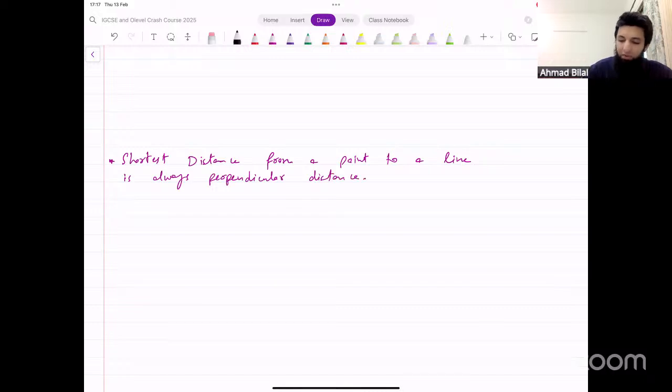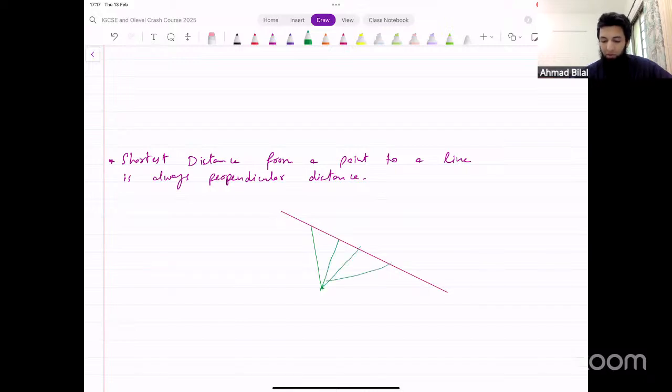Okay, now what do I mean by that? Let's say you have a line that looks like this, and there is some point somewhere, let's say this point. What's the shortest distance from this point to this line? Now, you could calculate this distance a number of different ways, right? You could say this is the distance between the point and line, and this is the distance, all of these could be the distance.